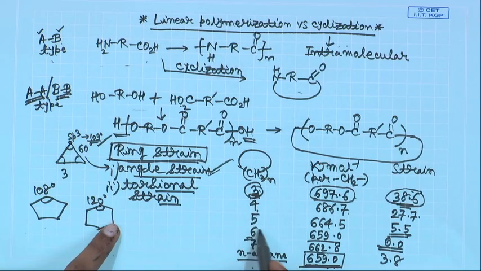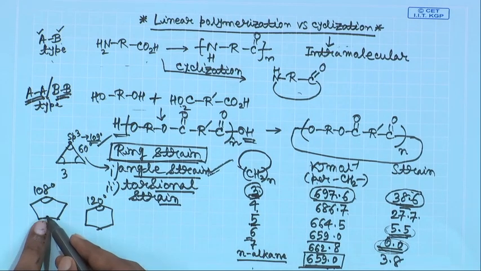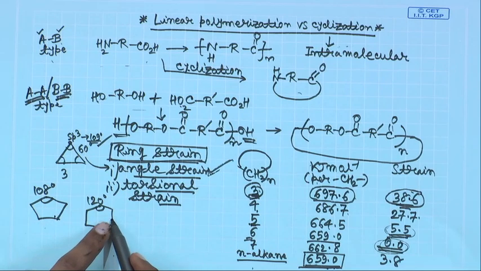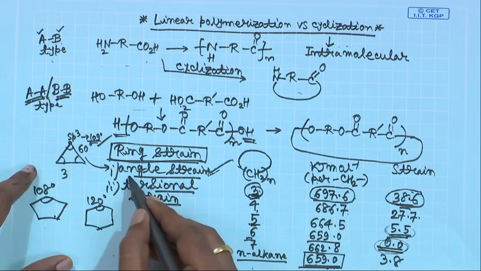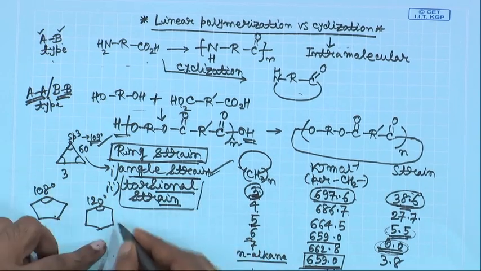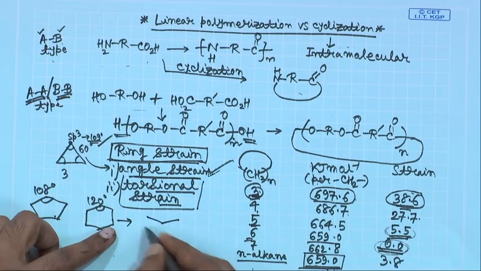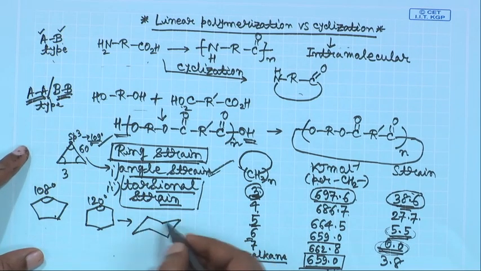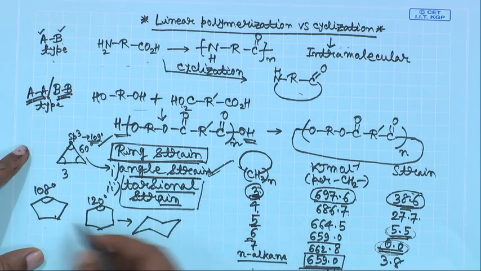However, you will see that for the 5-membered ring the strain energy per CH2 unit is 5.5, and for the 6-membered ring it is 0. So, the 5-membered ring is slightly less stable with respect to the 6-membered ring, because there is something called torsional strain also. The 6-membered ring can actually take a chair form, and so these are torsional or conformational strain.